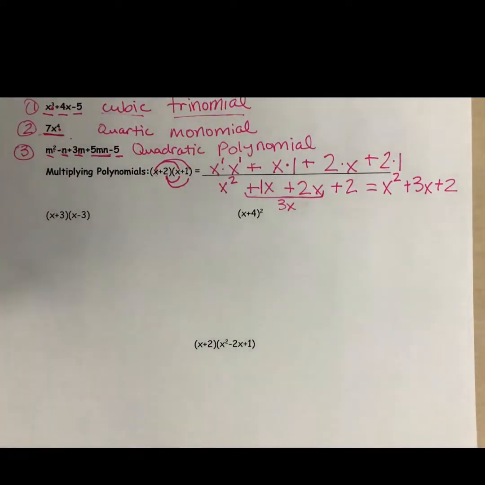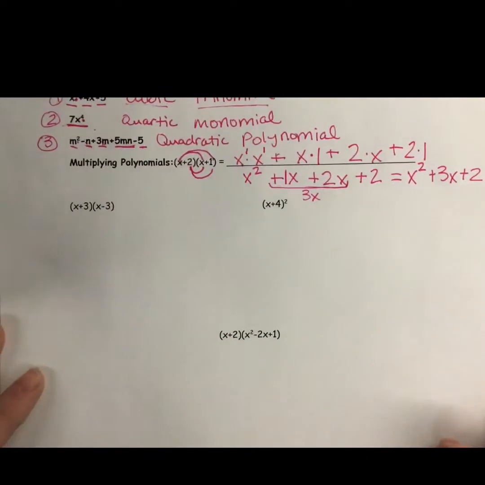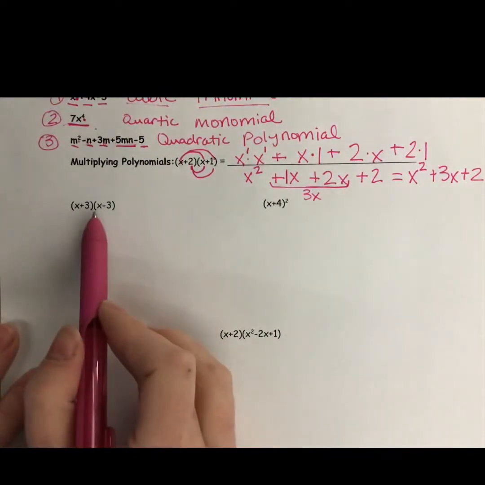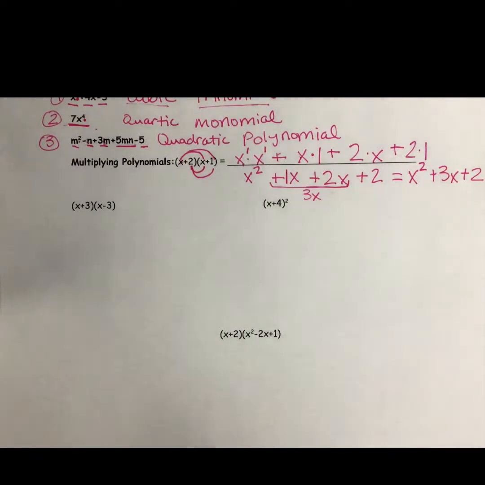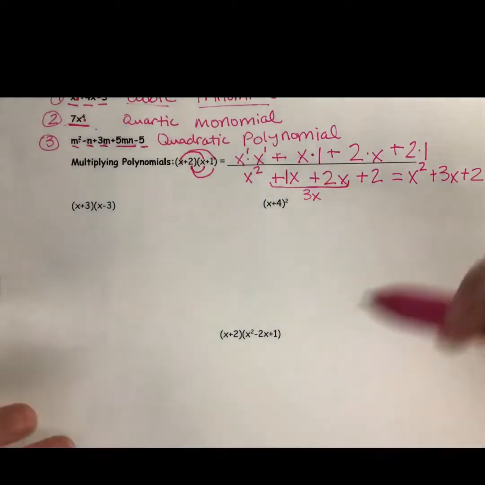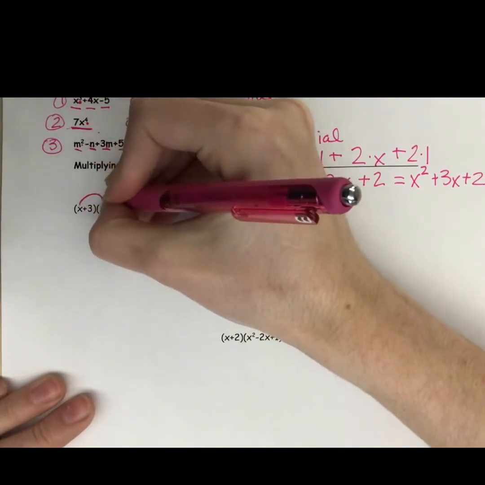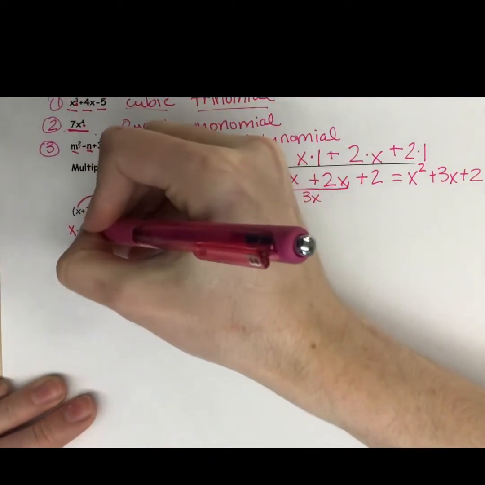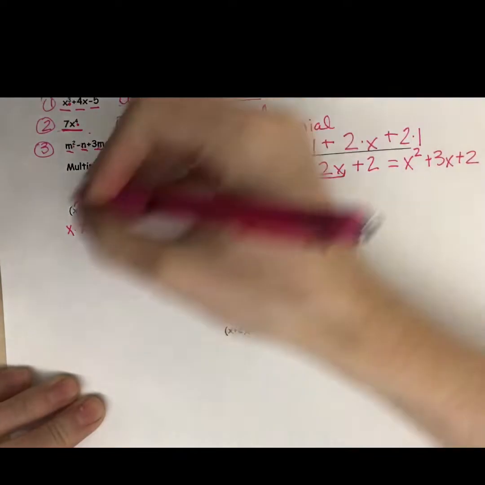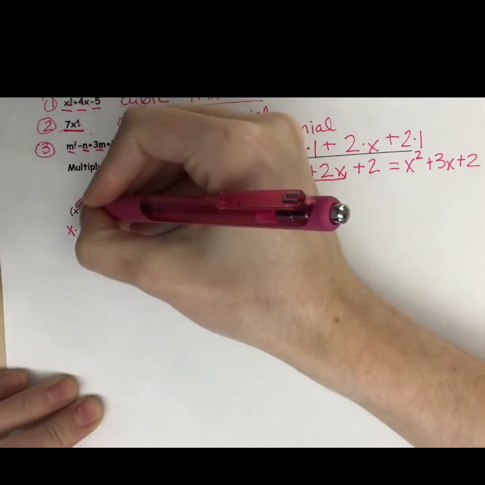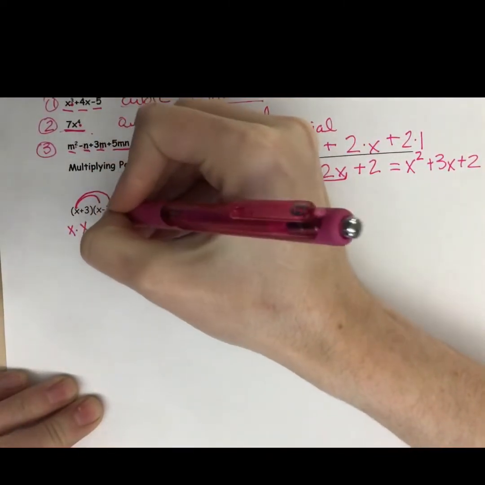So let's try a couple more examples. If I have x plus 3 times x minus 3, this is actually a special case. We'll talk about that after we've multiplied it together. So I take my first terms, x times x. And I'm going to add on x times a negative 3.